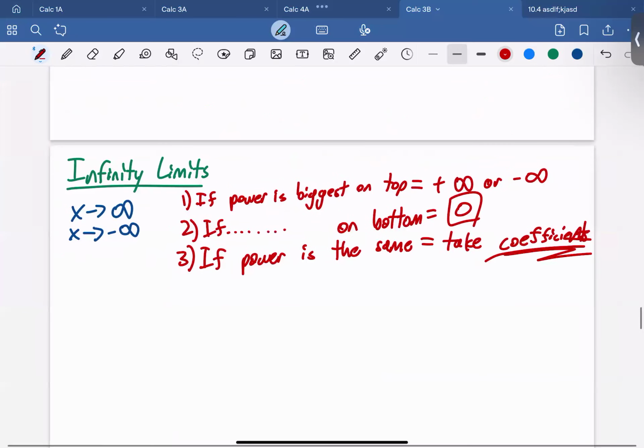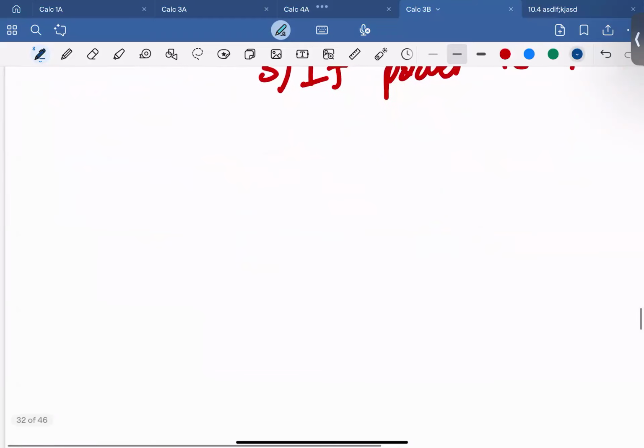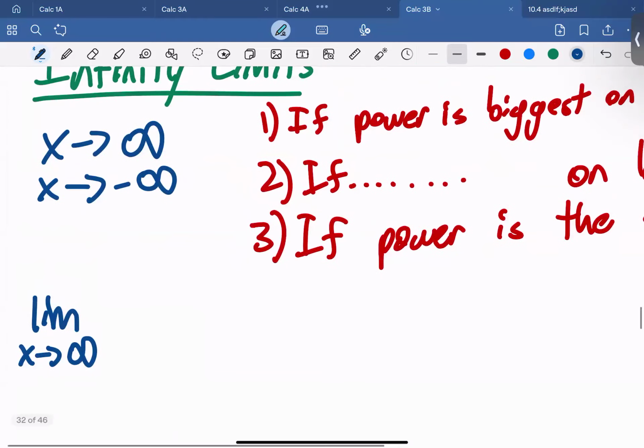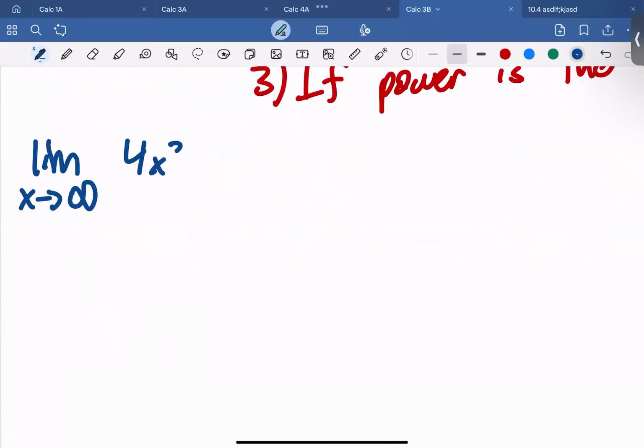Okay. So what do I mean when I say power, right? Let me just whip up some problems from my brain. So let's say I had the limit as x approaches infinity of, let's do them in order. So power biggest on the top.